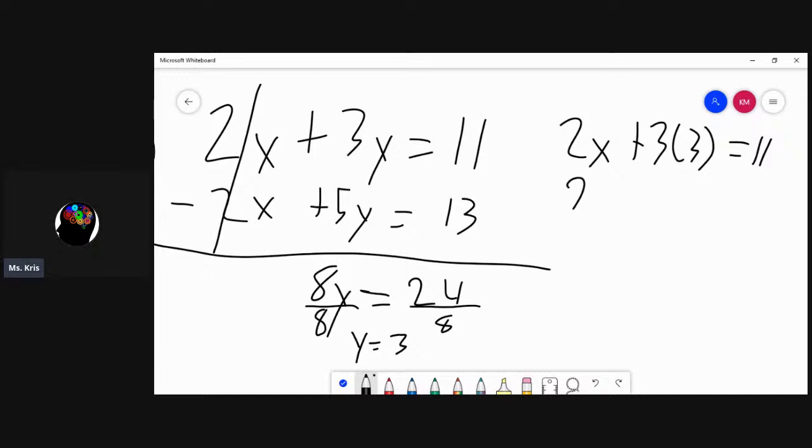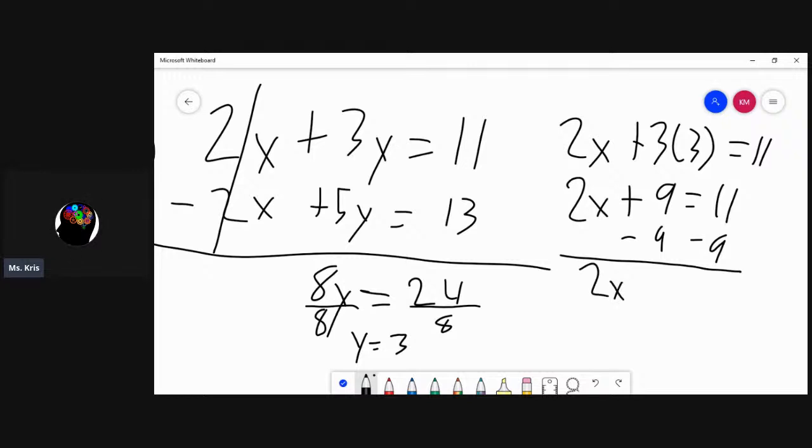Then I have 2x plus 3 times 3, that's 9, and that equals 11. I subtract 9 on both sides. Bring down my 2x. Eliminate my 9s will give me my equal sign, and 11 minus 9, that is 2.